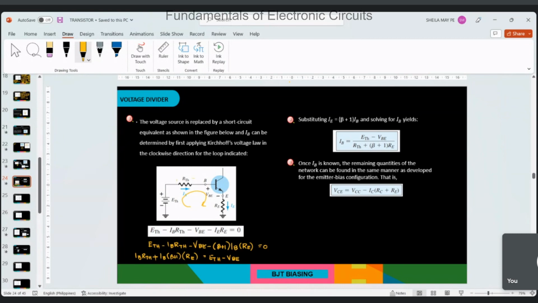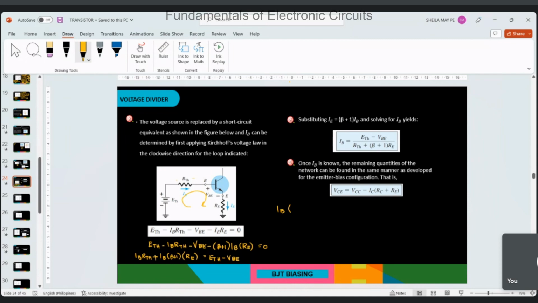Now, what do you call this? Kuhaon mo ang common sa sa left side sa atong equation. So, ang common nila is IB, right?